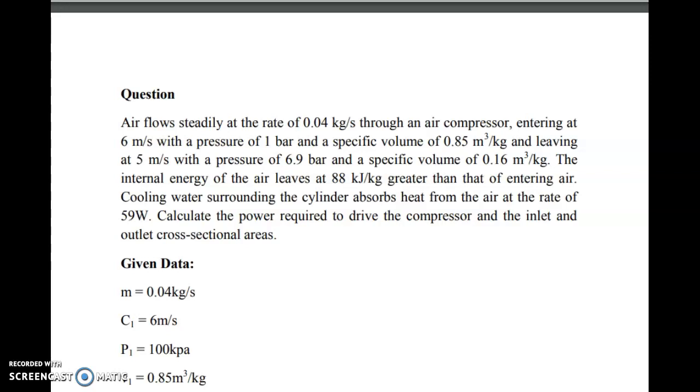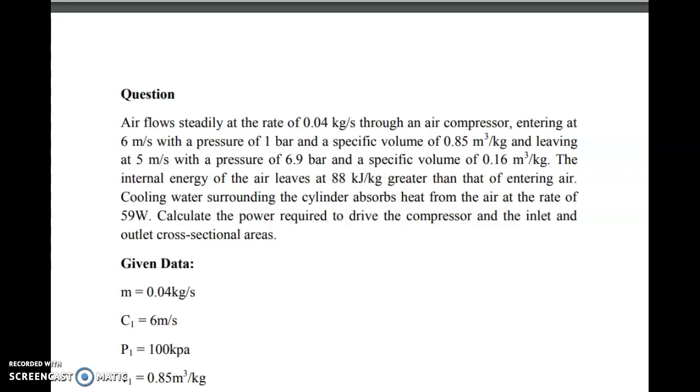So for that, cooling water is circulated around the cylinder. When the cooling water flows around the compressor cylinder, it will absorb heat, so the compressor temperature is somewhat maintained constant. Okay.